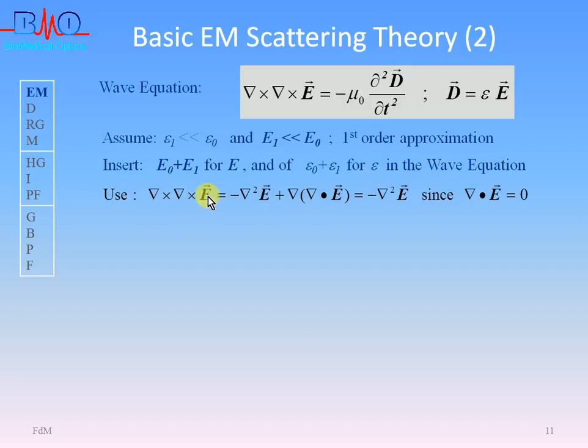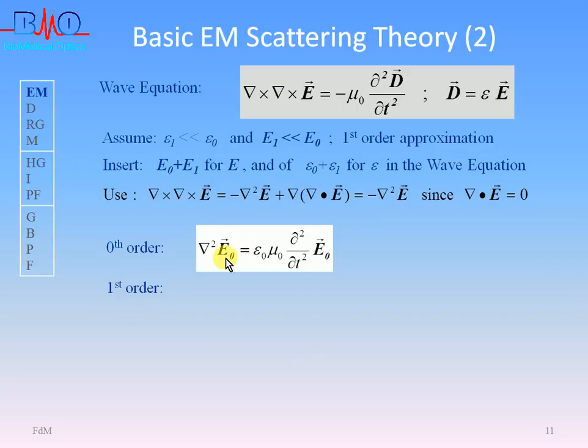We use the rotation of a vector: the rotation of the rotation of any vector is minus the Laplacian plus the gradient of the divergence. Since the divergence is 0, there are no charges, we can write that the rotation times the rotation is minus the Laplacian.